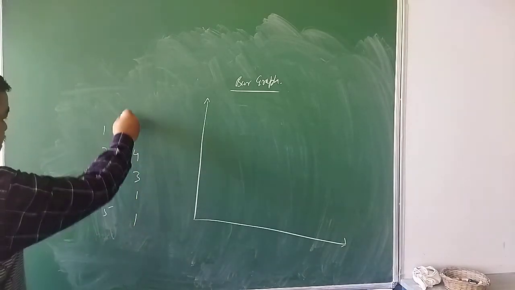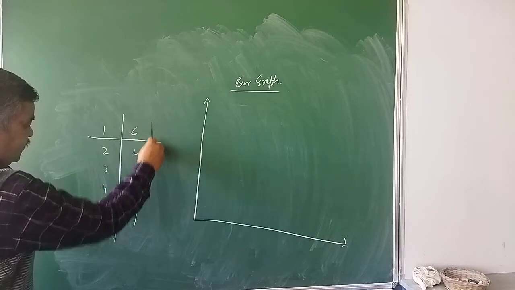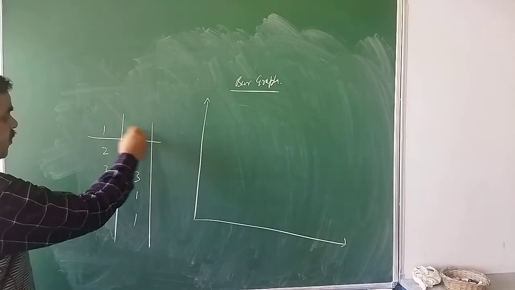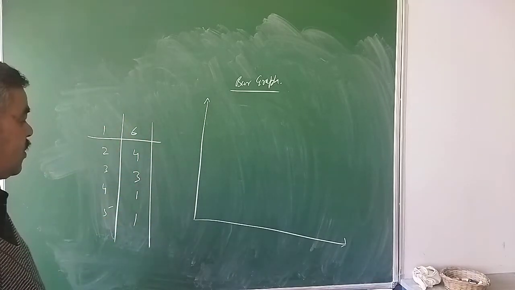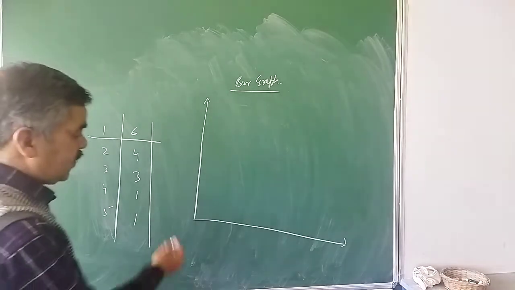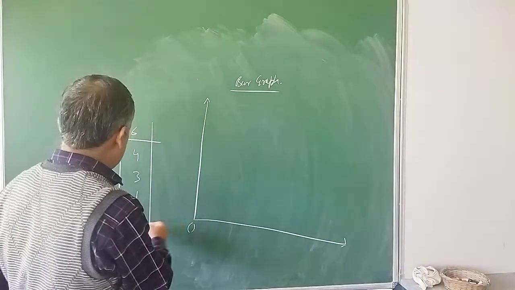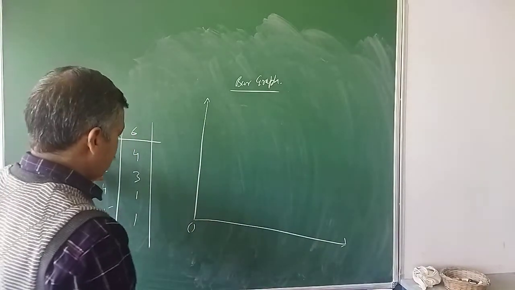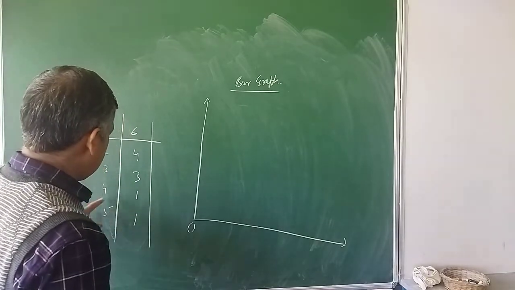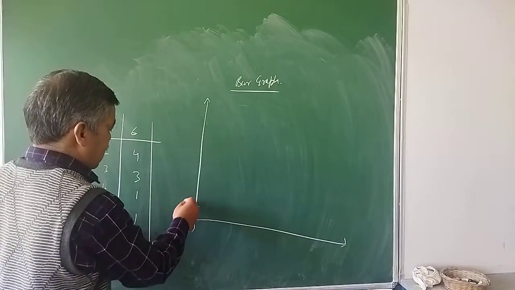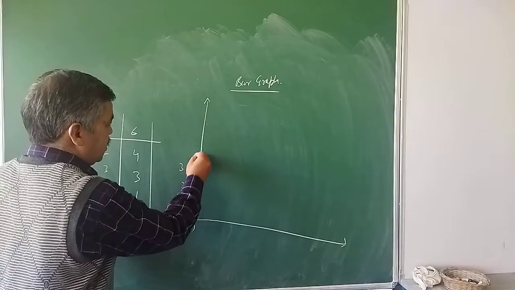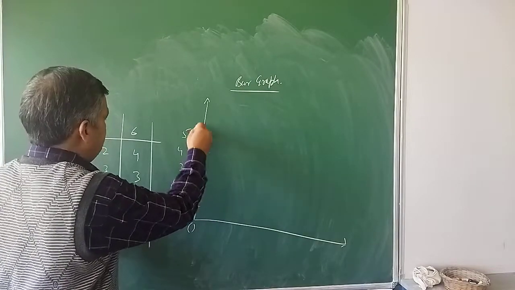So, number of children, and these are the number of families. Now I want to draw the bar graph for this. So if I want to draw the bar graph, I will mark 1, 2, 3, 4 and 5 for the frequency here.